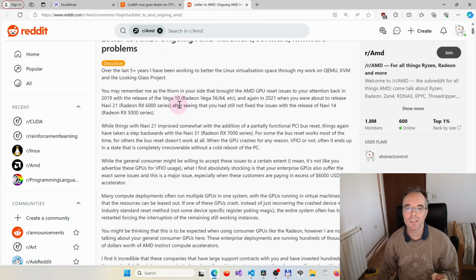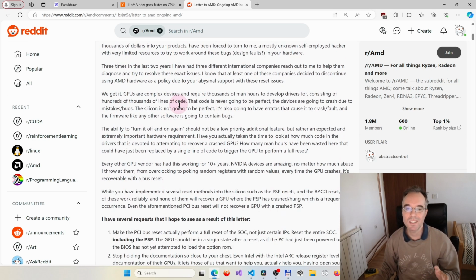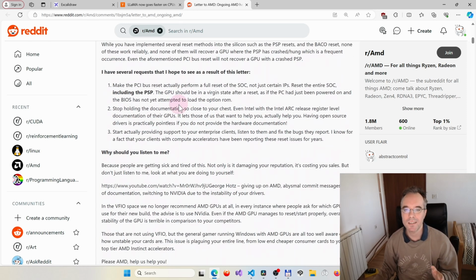I won't really quote it in full, but what it's complaining basically is that the GPU cannot be reset properly without taking out all the instances on a particular server. So, for example, if you have a single GPU on a server with many different GPUs, apparently these firmware issues require a complete server reset, which might affect other instances on the cloud.